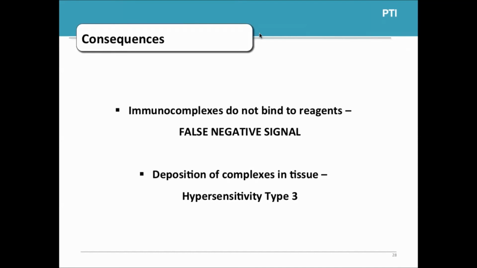So the consequence in my assay, if you have immunocomplexes, is that you get a false negative signal because the drug will immediately bind the compound that you want to measure, the anti-drug antibody.